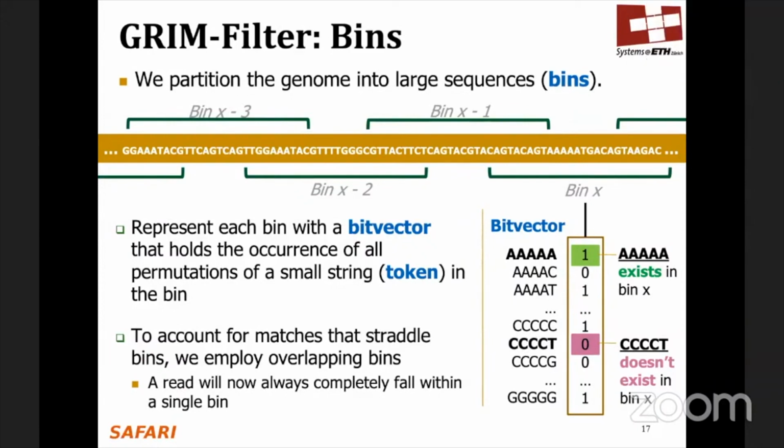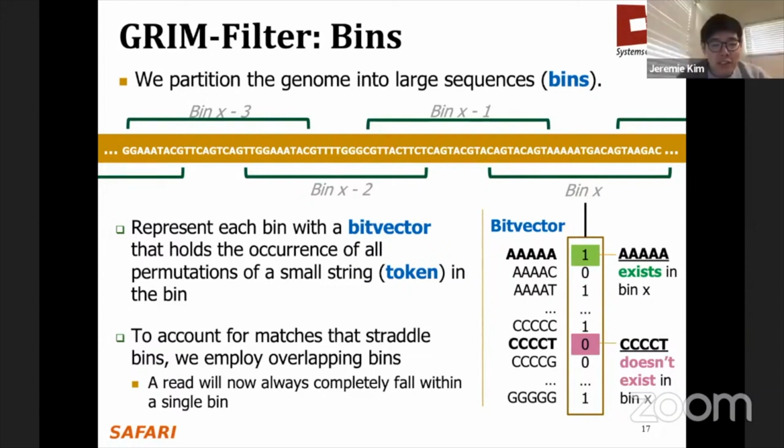I see. And do you consider the reverse complement of the strand or just the forward strand? Yeah, that's a good question. So we do not, we only look at the full string. But in hindsight, we probably should have been looking at the reverse complement as well, because those are also valid alignments.